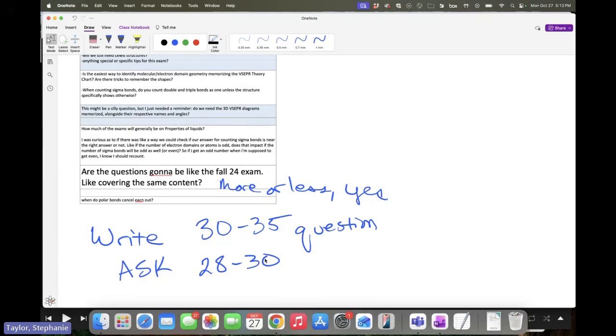So it's similar content, but not the same content, because we throw out different things depending on time, or how well the question's worded, or how close the questions are to each other. So there's always a discrepancy in there.